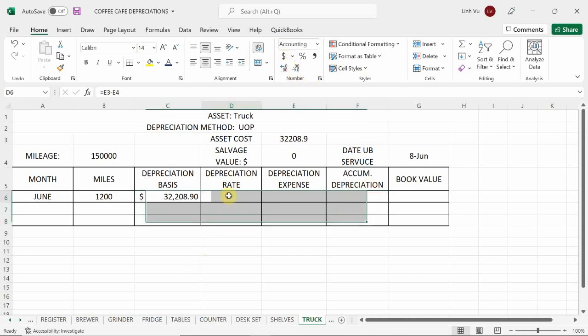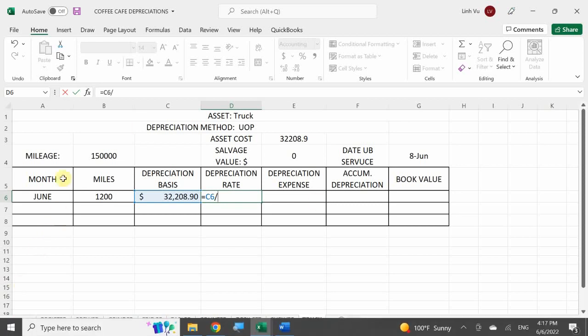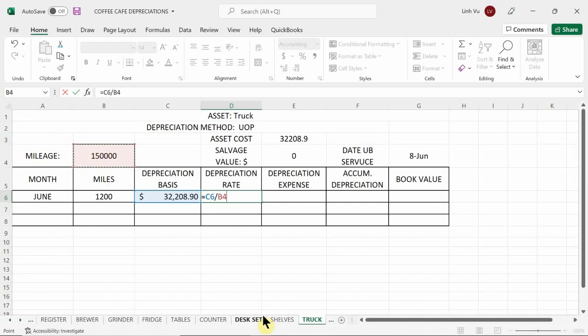Okay? How do I figure out what the depreciation rate is? So in this case, we have to use a per unit rate. So that's going to be your depreciation basis divided by the total units that it can produce. So in this case, what is the total mileage that this truck can drive? It can drive 150,000 miles.